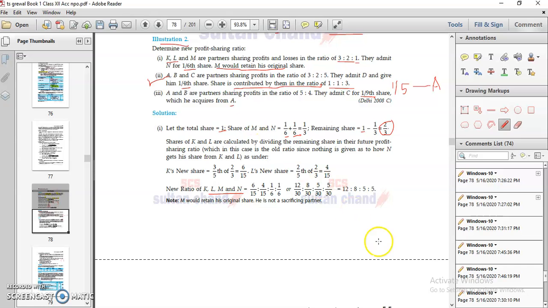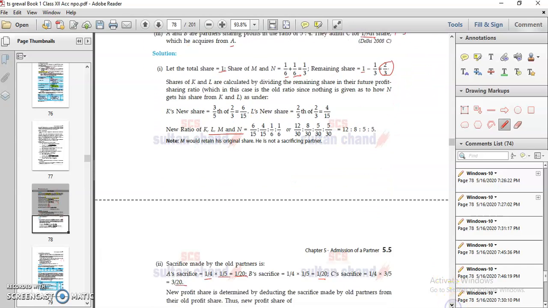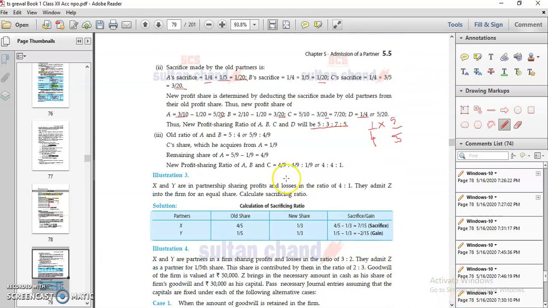All in all, the sacrifice is made by A. Old ratio is 5:4. C's share is 1/9. So the whole share is sacrificed by A, which means A's share is going to reduce. 5/9 is the old share, 1/9 is given to C, so he is left with only 4/9. But B's share you cannot change, so B's share would be 4/9.